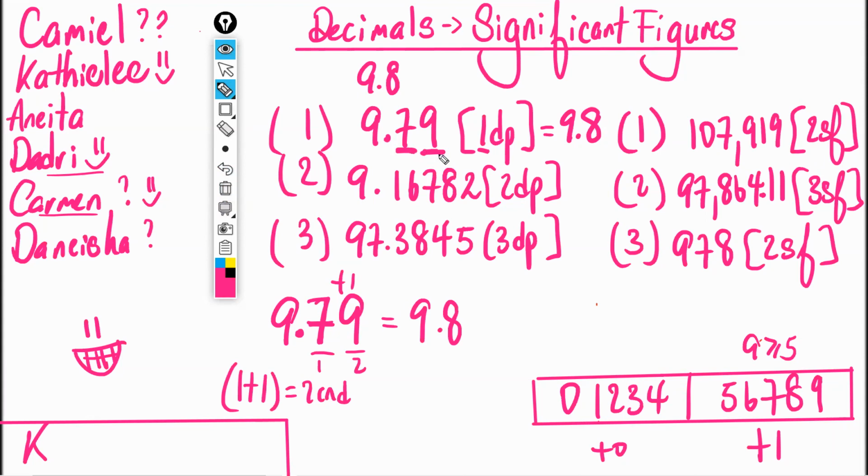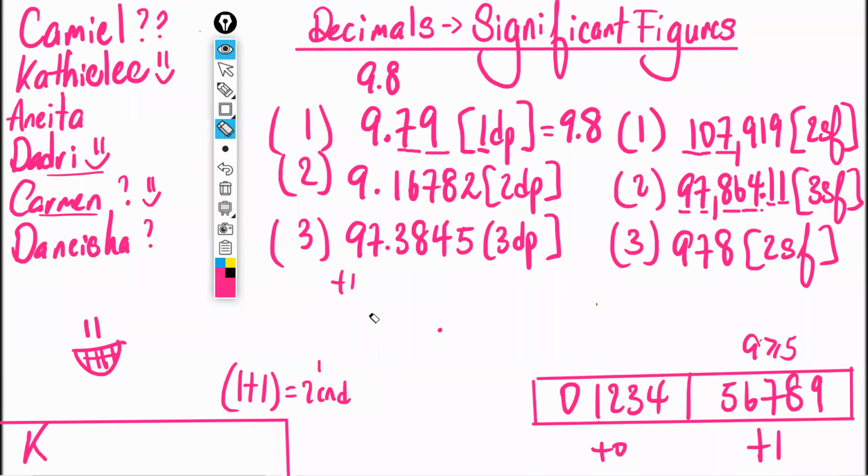You only count these after the point, while with significant figures, you start from the beginning. The decimal places are only after the point, while for significant figures, every number is counted, including the ones after the point. Make sense?